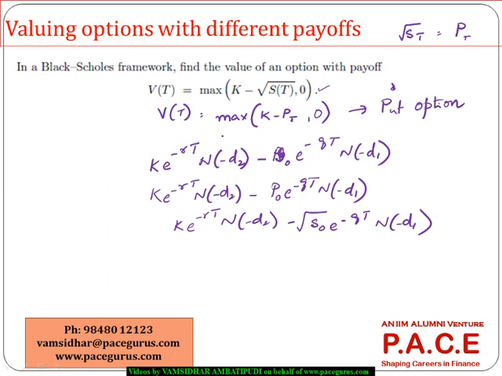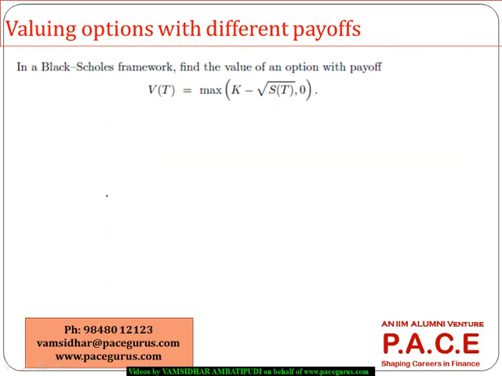Or probably even if I have to go for a derivation for the same. Directly, if I am using the Black-Scholes model, this is what I am going to get. But otherwise, if I am going with the derivation using the lognormal framework, I am writing the payoff as max of K minus PT, 0.